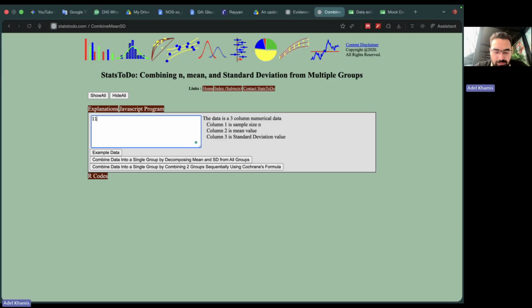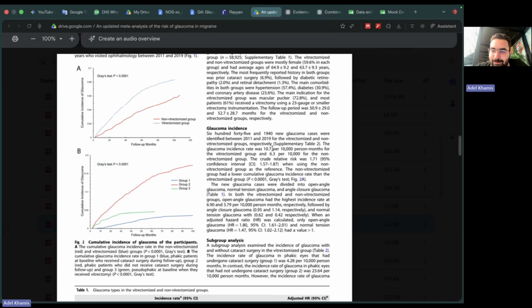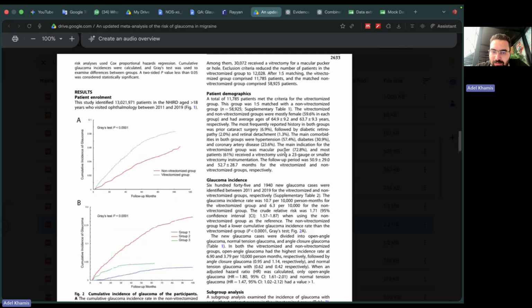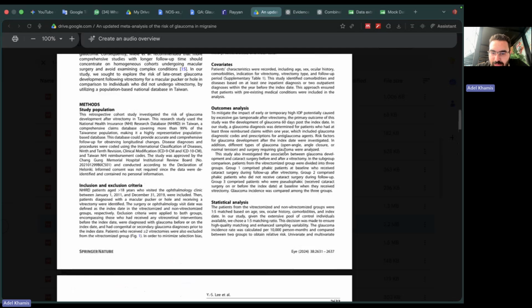So I will put here in the tool 11,785, then space. This is a column for the sample size. The other column will be for the mean value. So let us return. What was the mean value here? The mean value here was 50 something.